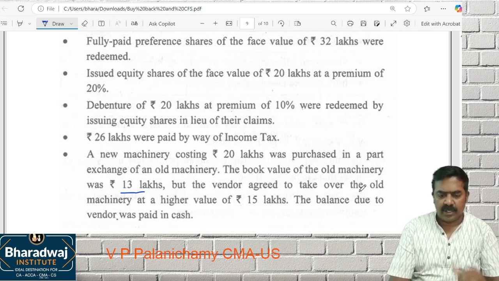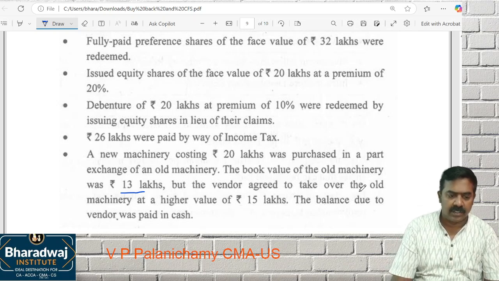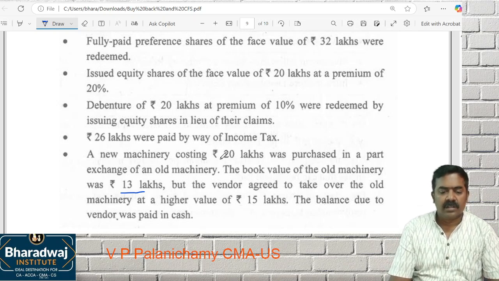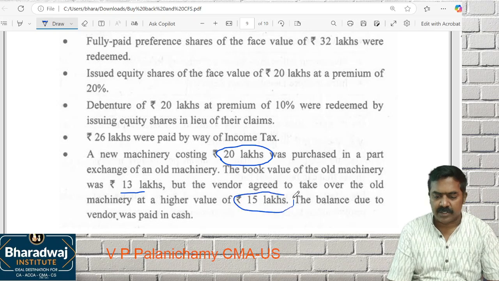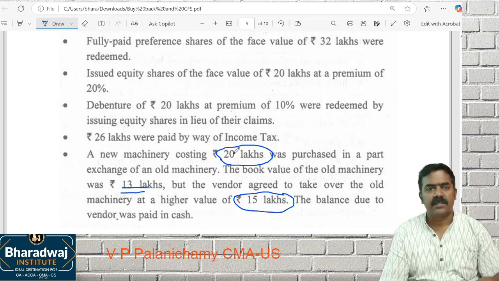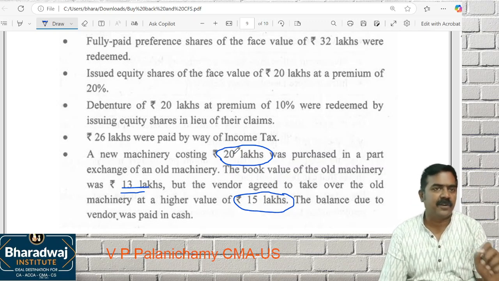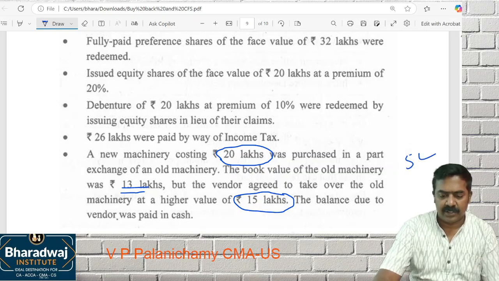The vendor agreed to take over the machinery at a higher value of 15 lakhs. So, for purchase of machinery, did you pay 20 lakhs? No. We exchanged the old machinery for 15 lakhs. I'm buying a new machine from you for 20 lakhs and you're taking my old machinery for 15 lakhs. Net, how much do I have to pay you? 5 lakhs I should pay you.